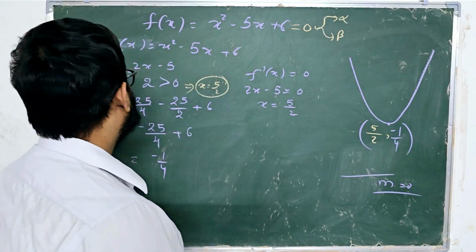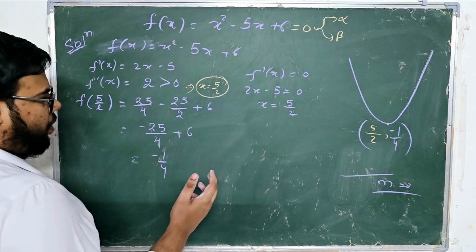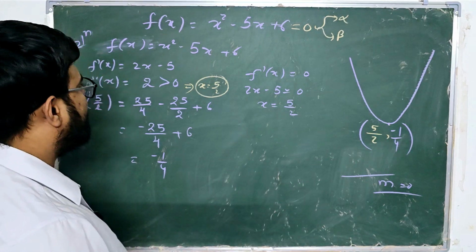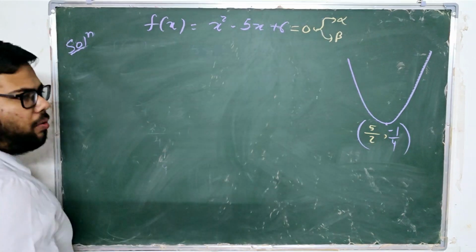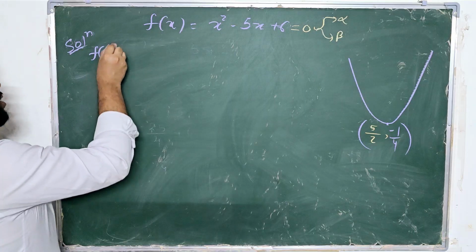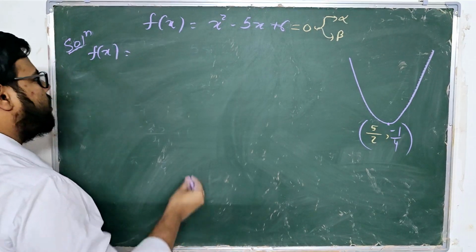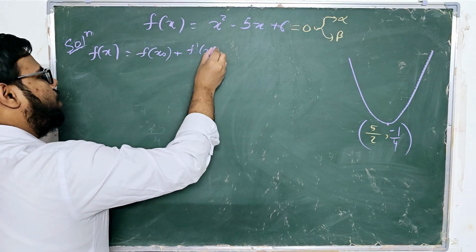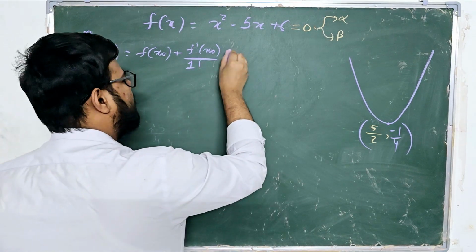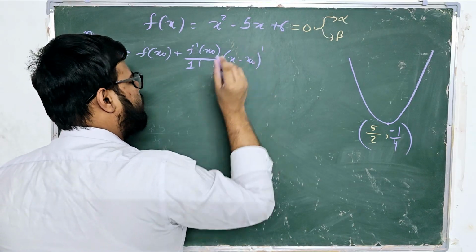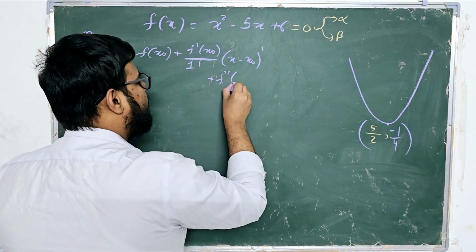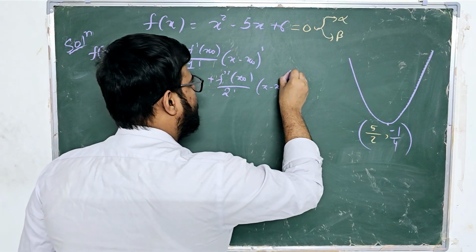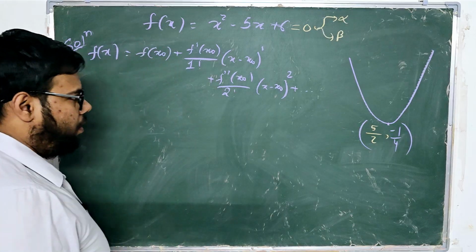Okay. So now how will you apply Taylor series to get to this result? Well, just a minute, let me erase this and then I will tell you. We all know that the Taylor series about a point, suppose x₀, is given as f(x₀) plus f'(x₀) divided by 1 factorial times (x - x₀) raised to power 1 plus f''(x₀) divided by 2 factorial times (x - x₀) raised to the power 2, and so on and so forth to infinity, right?